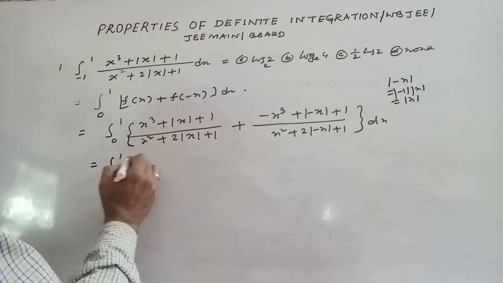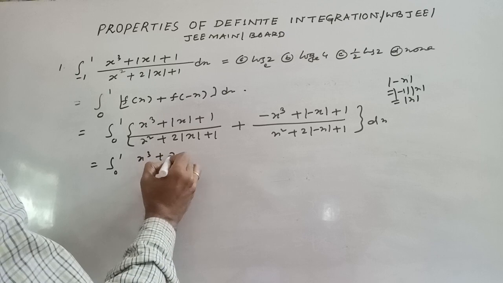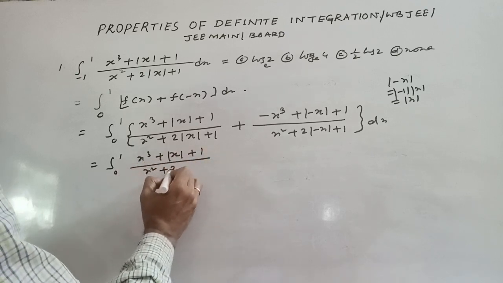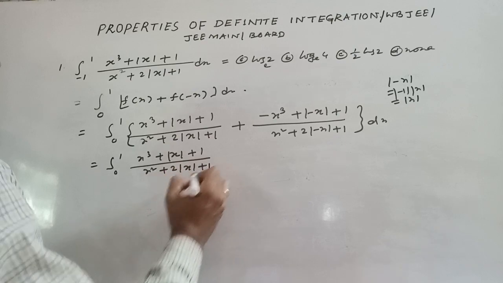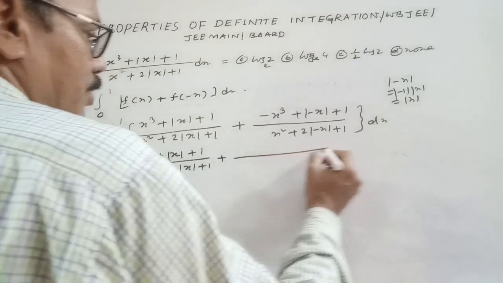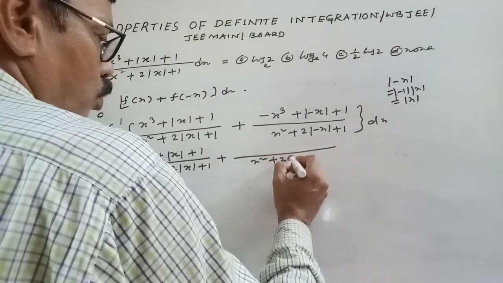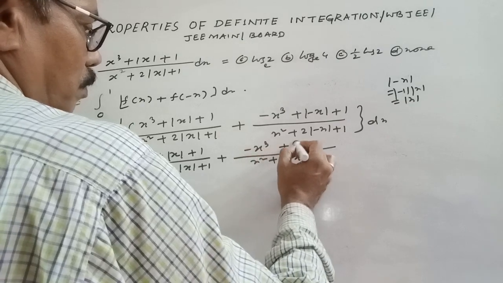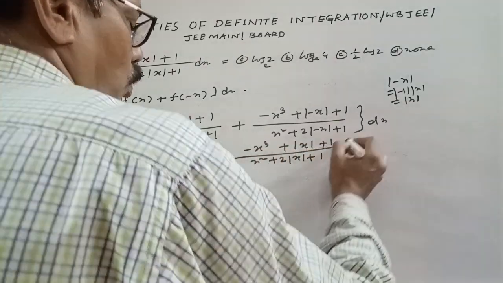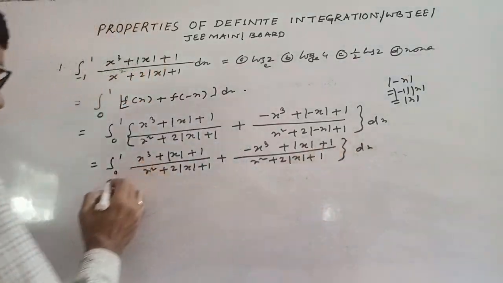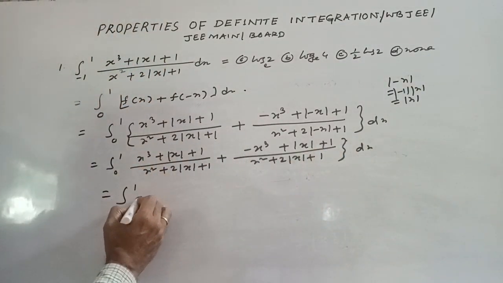So 0 to 1, x cube plus mod x plus 1, this is x square 2 into mod x plus 1, and this is x square 2 into mod x plus 1, this is minus x cube plus mod x plus 1.